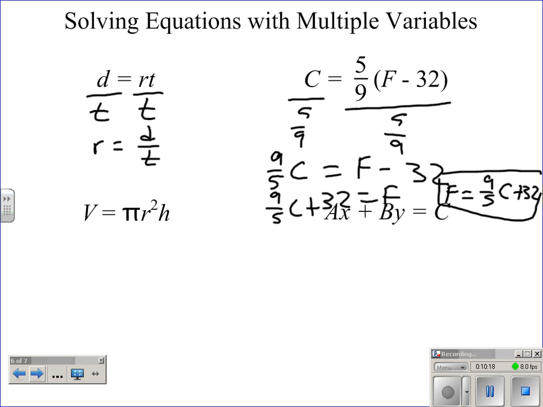As problems get more complex, the process is still the same. Do things to get the answer you want. What radius is needed for a cylinder with a given volume and height? Solving this equation for R gives us the answer. Divide by pi h.